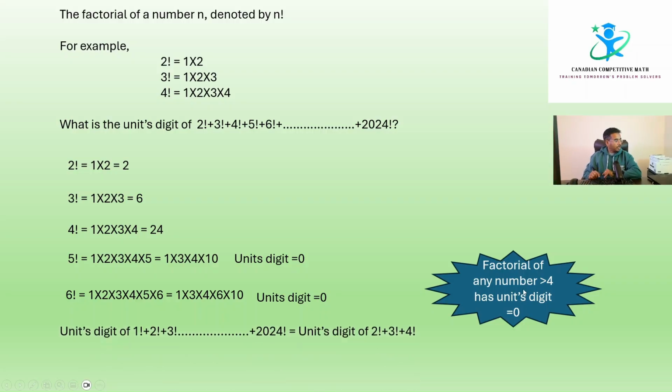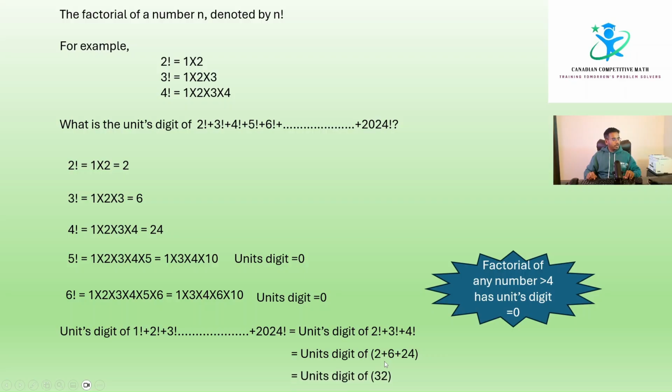So the conclusion here is that the units digit of this entire summation will be equal to the units digit of the summation of 2 factorial, 3 factorial and 4 factorial. That in turn equals the units digit of the summation of 2, 6 and 24. 2 comes in place of 2 factorial, 6 comes in place of 3 factorial, 24 comes in place of 4 factorial.